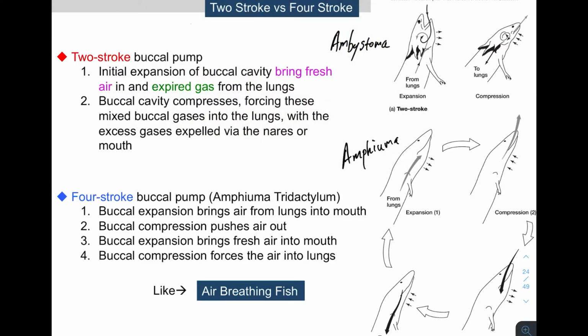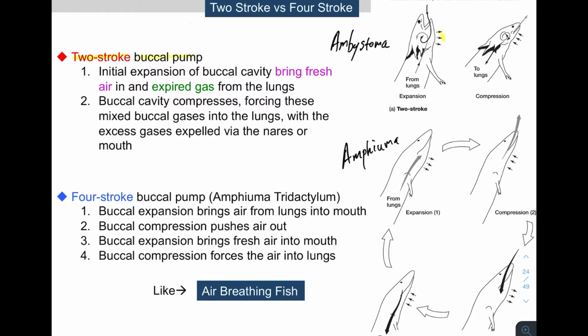And one way is called the two-stroke buccal pump. It's called a buccal pump because it is the musculature around the mouth, and this musculature around the mouth can make the buccal cavity larger or smaller.